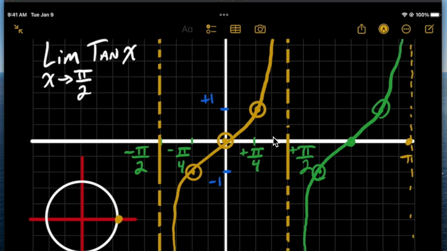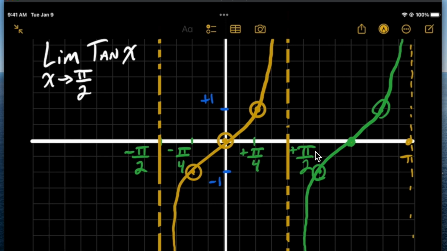Okay, now we can graphically evaluate the limit as we approach pi over 2 from both the left and the right. Let's do from the left first. So here in blue, we are going to be looking at the limit as x approaches pi over 2 radians from the left of tangent of x.